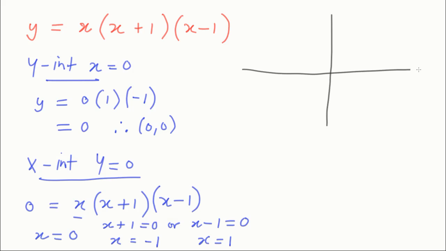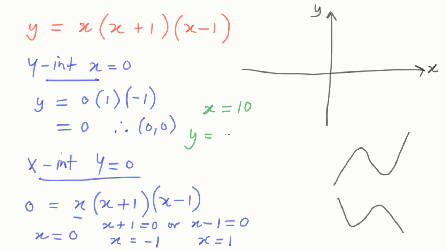The graph either goes like that or it goes like that. I'm going to pick a number that is bigger than x equals 1, x equals 10, and sub it into the equation. I get y equals 10 bracket 10 plus 1 is 11 bracket 10 minus 1 is 9, and that equals 990.